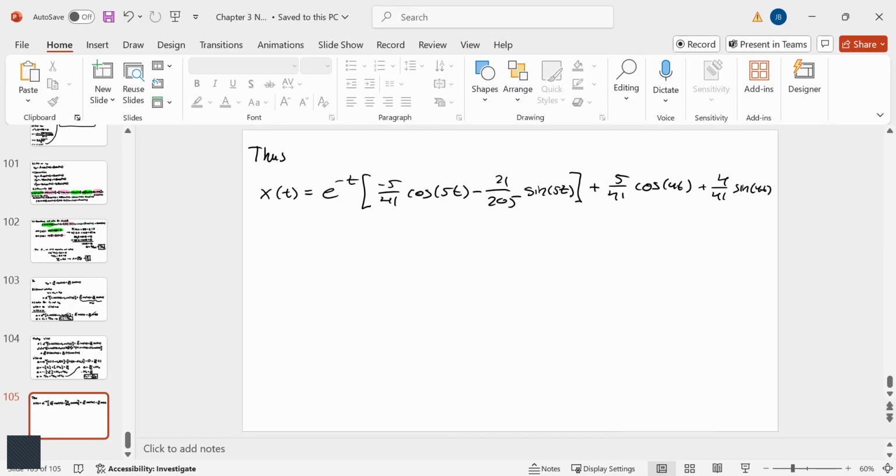And that's the answer. This right here is x transient, and that right here is x steady periodic.